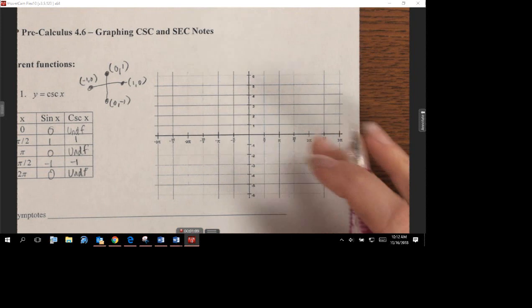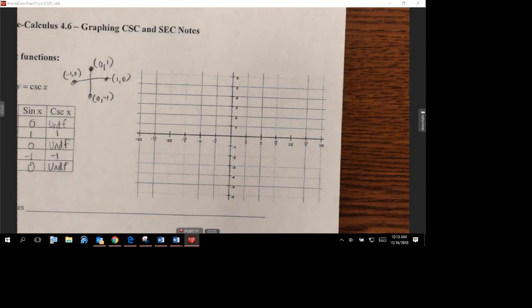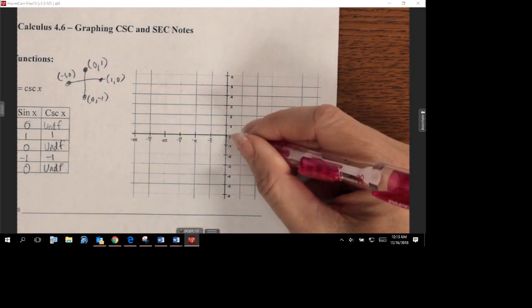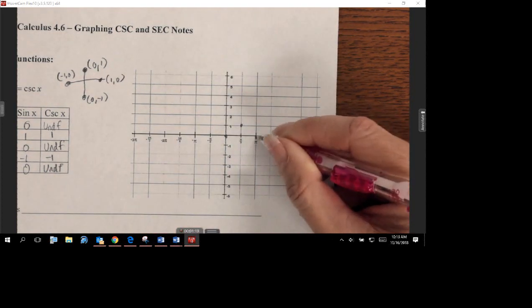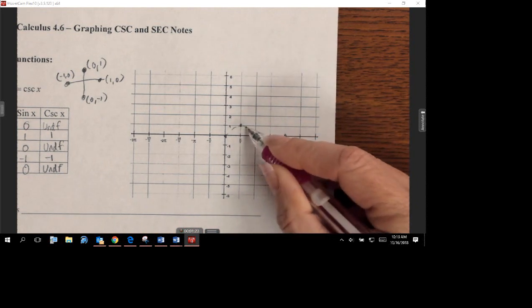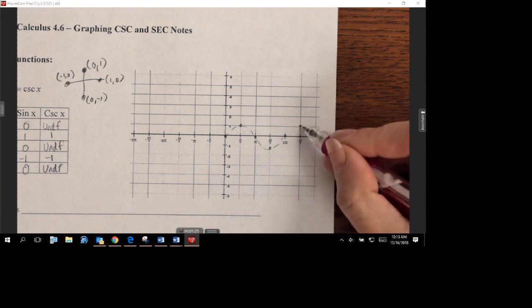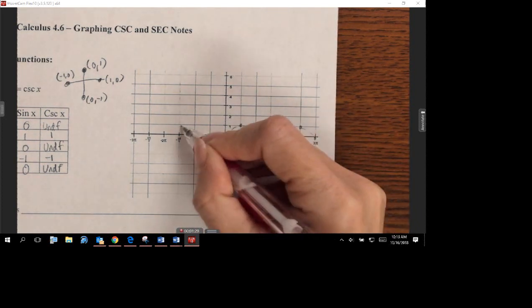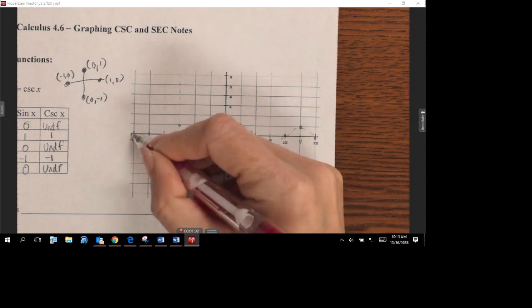It's still -1. So if we had our original sine graph, which I'm going to do lightly and dash it because it's not really there, and if I kept that going, follow my pattern, the stuff we were doing last week.